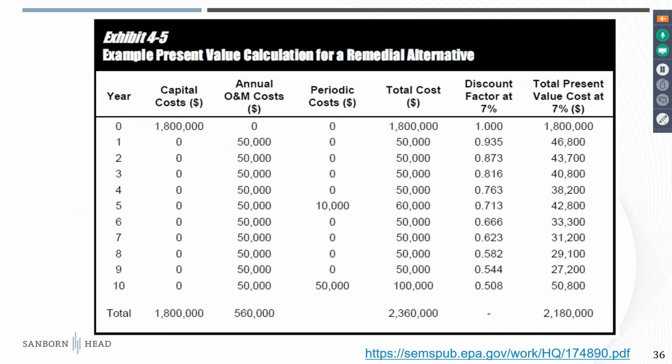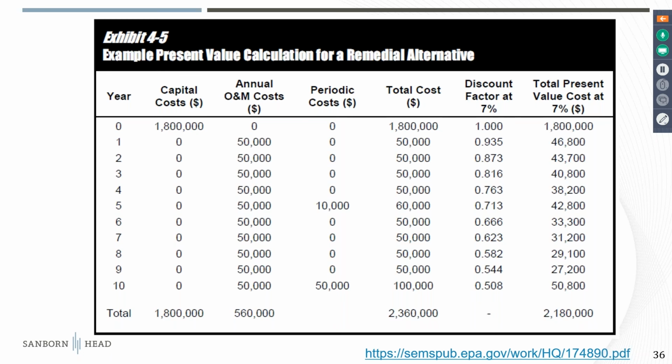And then you put this all together in a table that shows the overall capital costs, annual O&M costs, and present worth costs. In this table, for example, year 0 is the capital cost, and it's a 10-year alternative, and you've got your annual costs here and a couple of periodic costs. And then you apply your discount factor to get to your present value.